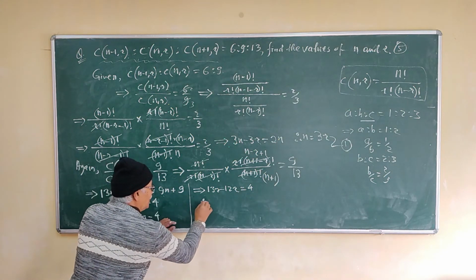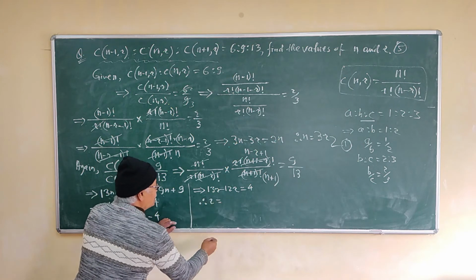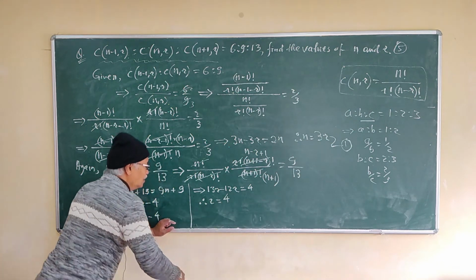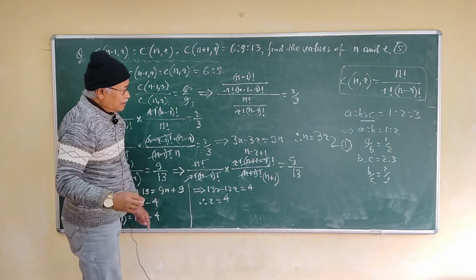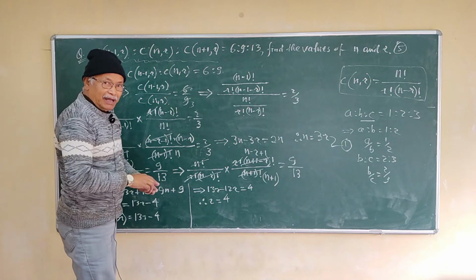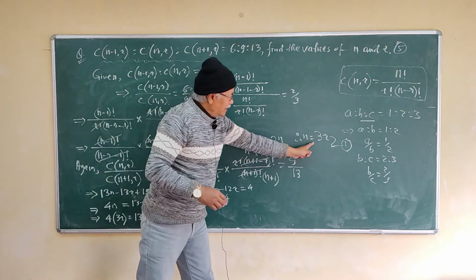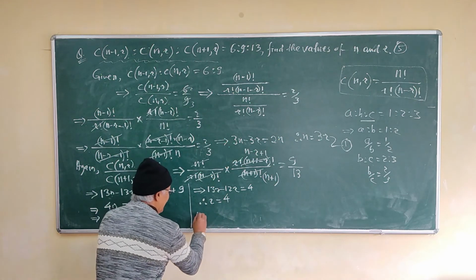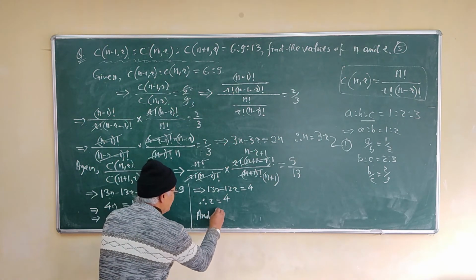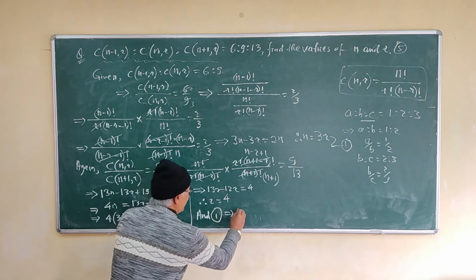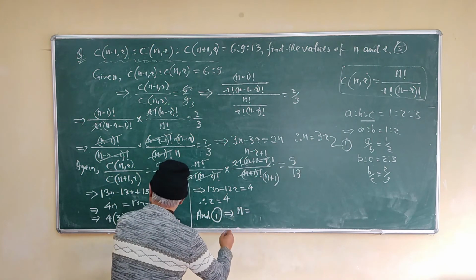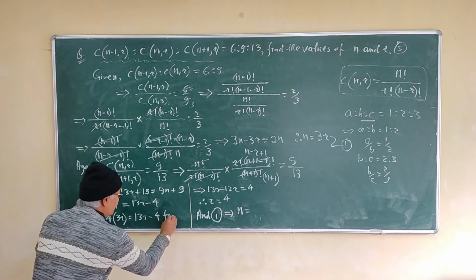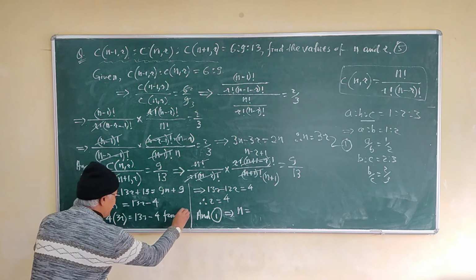So therefore r is equal to how much? 13r minus 12r is r, so r is equal to 4. Once you know the value of r, can you know the value of n? Answer is yes. n is equal to 3r, from 1 to be precise.